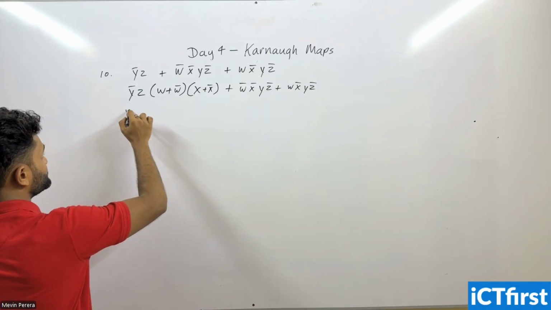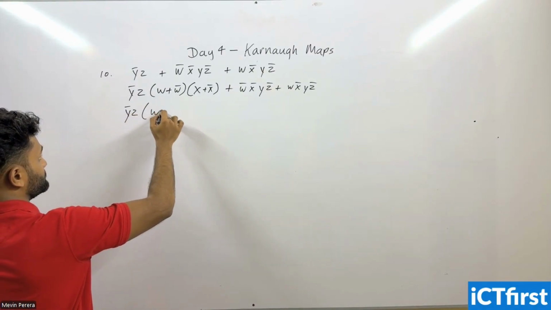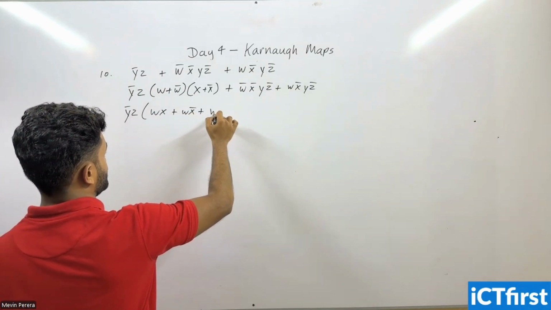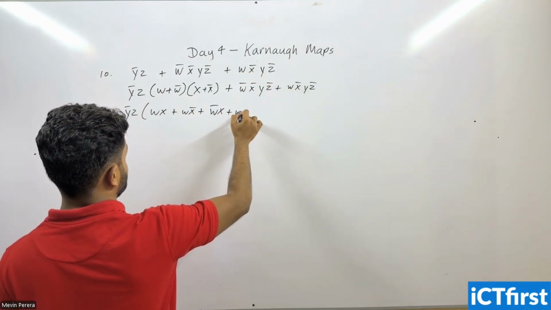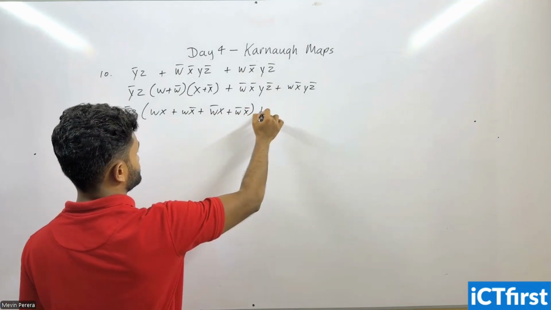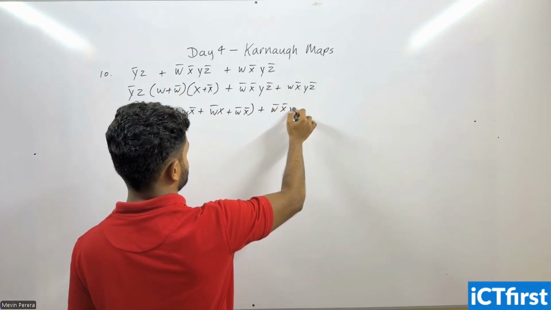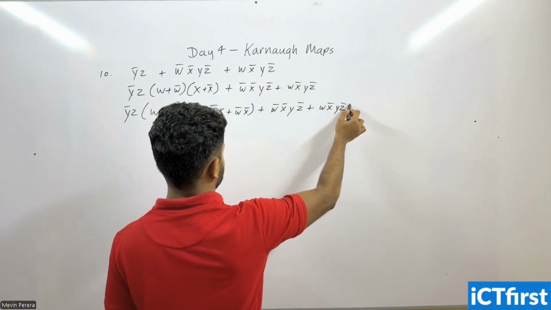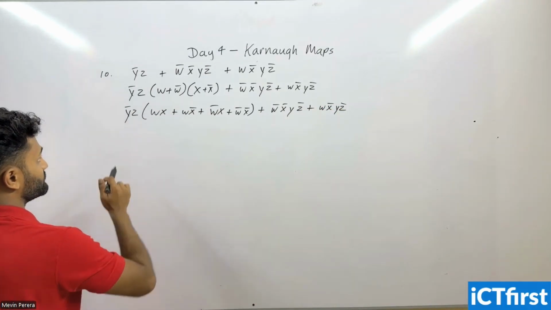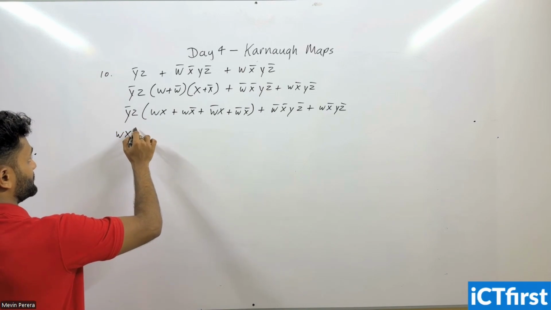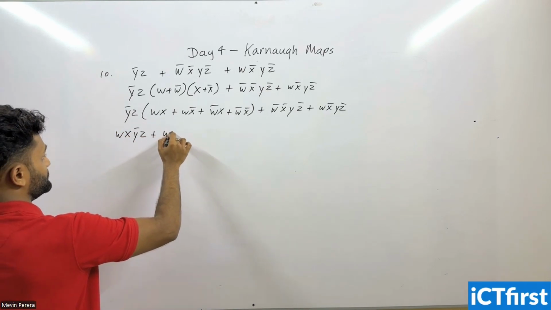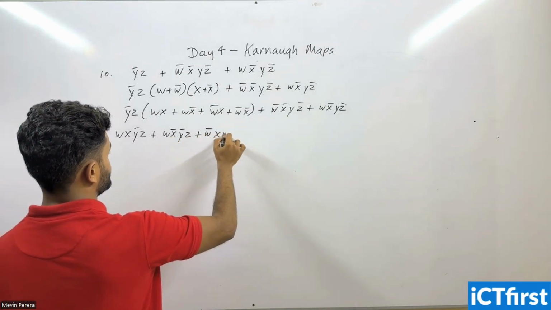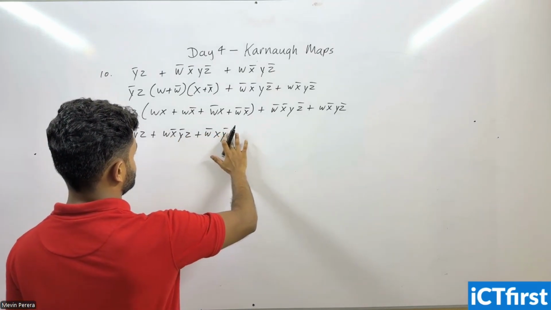So simplify these two first. WX plus WX bar plus W bar X plus W bar X bar. So WX Y bar Z plus WX bar Y bar Z plus W bar X Y bar Z, right?